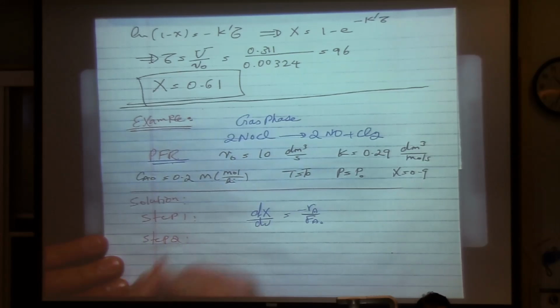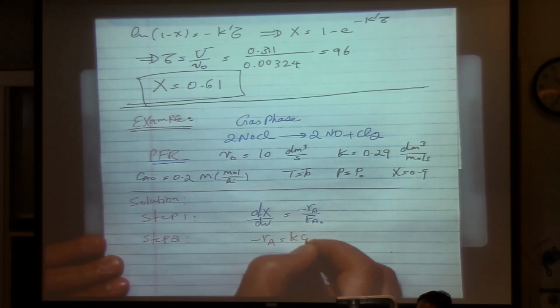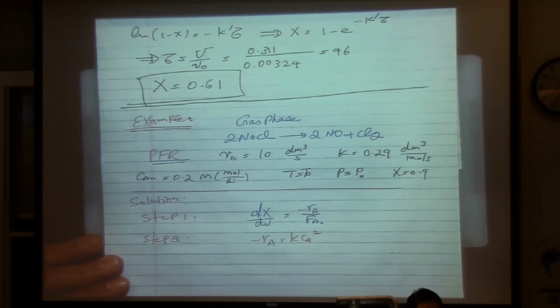Step 2 is the rate law. Minus rA is k CA squared. It follows the elementary type of reaction.